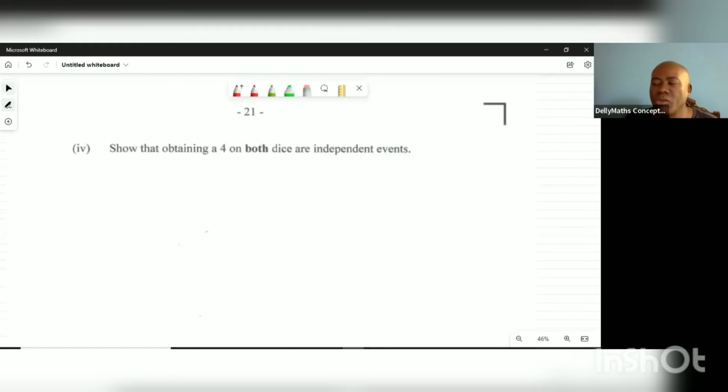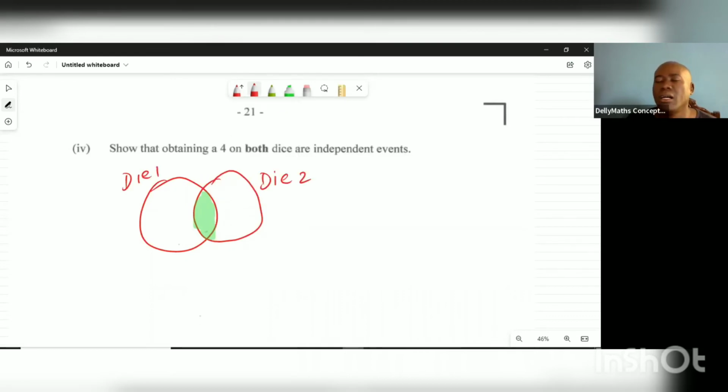We normally use 2 intersecting sets because we can get a 4 on both. So we want to show that, see this section that I'm about to shade here, that's going to represent when I get 4 on both. This is die 1, this is die 2. So here's the idea. I can get a 4 here, and this is die 1 only.